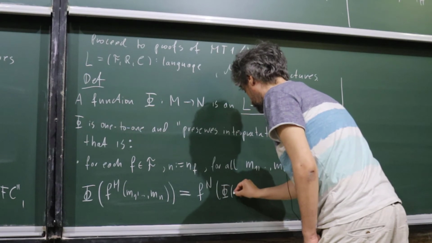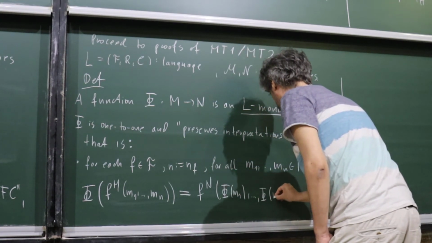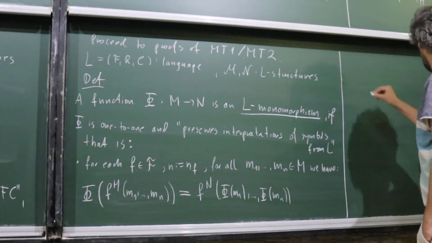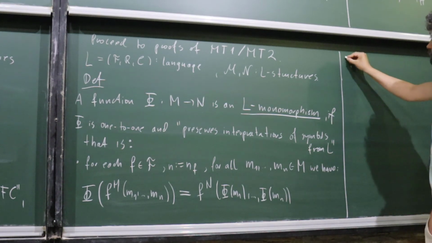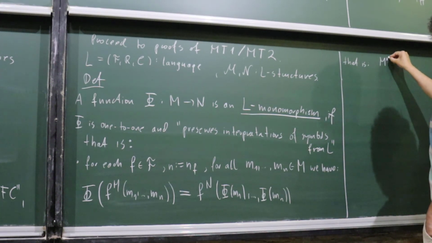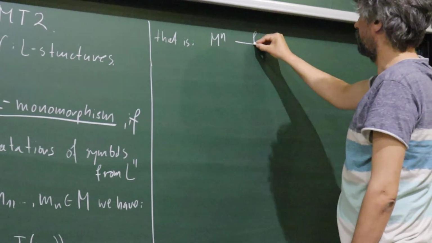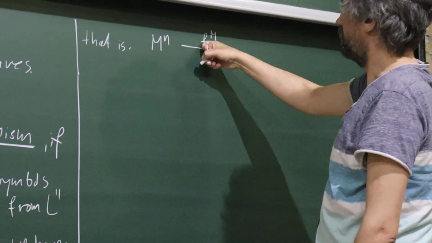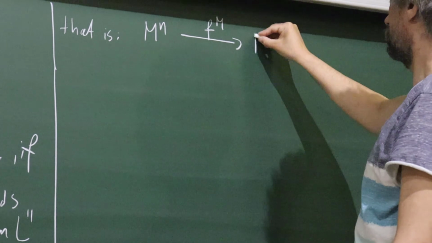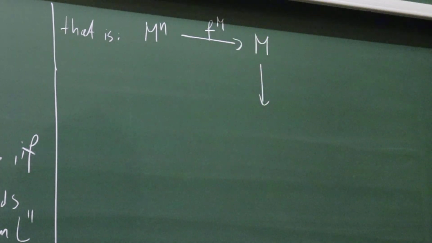So here a diagram may be useful. In other words, such a diagram: here we have M to the n. We apply the interpretation of the function symbol f in M. So we go to M. It's like addition or multiplication.